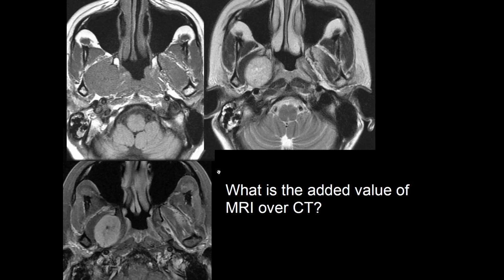What about the characteristics? After you locate it, you describe the signal and the enhancement and the margins. It's pretty well defined. Both pleomorphic adenoma and a schwannoma can be well defined. It's really T2 bright. It's enhancing vividly. Does that help you distinguish between those two pathologies? No, it doesn't help at all.